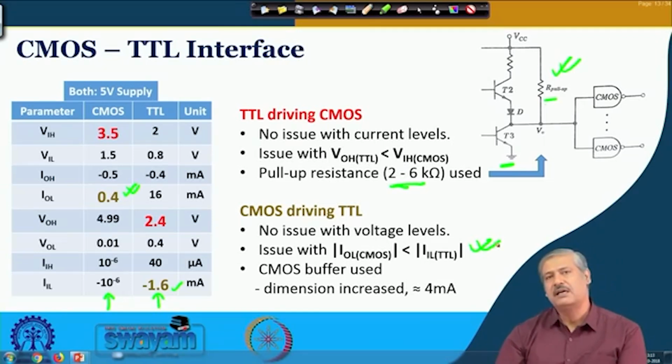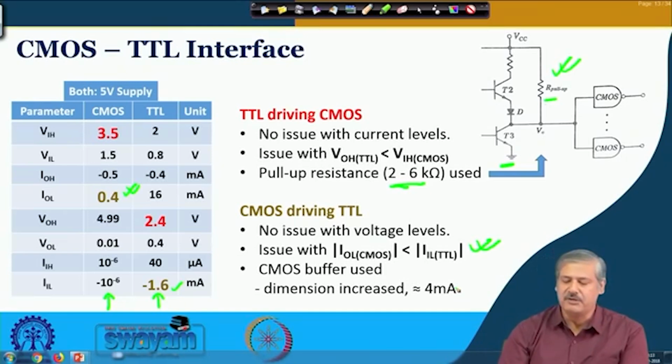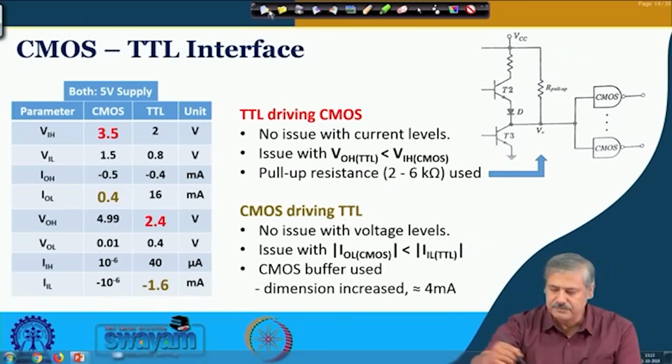In some standard ICs made by manufacturers, say Texas Instruments and others, it has been seen that the current that can be sunk is of the order of 4 milliampere, which can take say 2 standard TTL loads also. And if it is a low power TTL, more such gates can be connected. So this is how the interface has to take place. The issues I have mentioned come from comparing the gate parameters for these two cases.